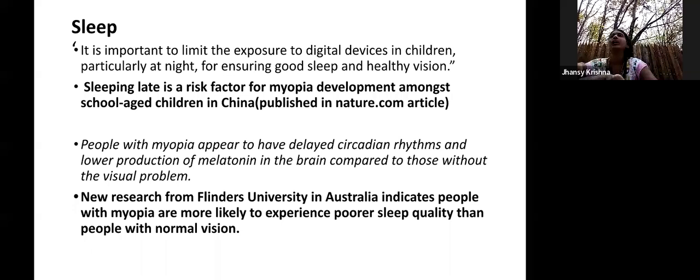Second aspect is sleep. People with myopia have decreased sleep due to delayed circadian rhythms and lower production of melatonin in brain.